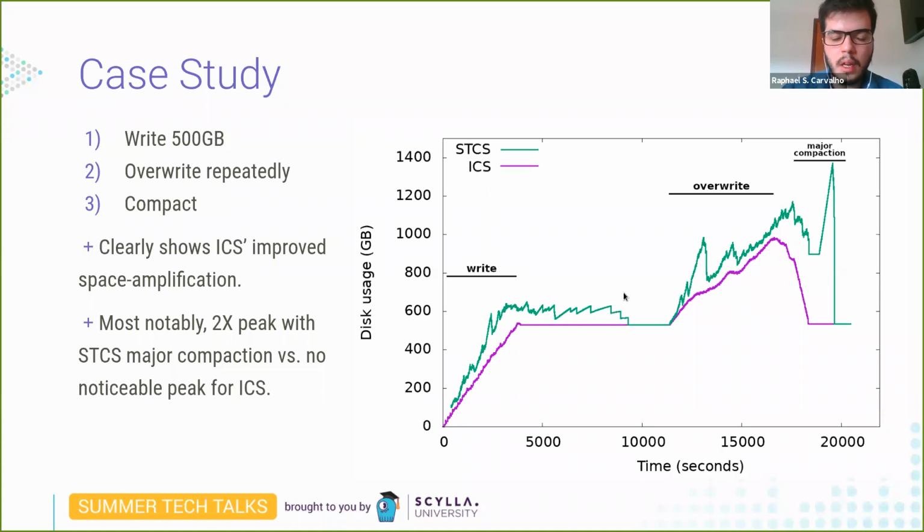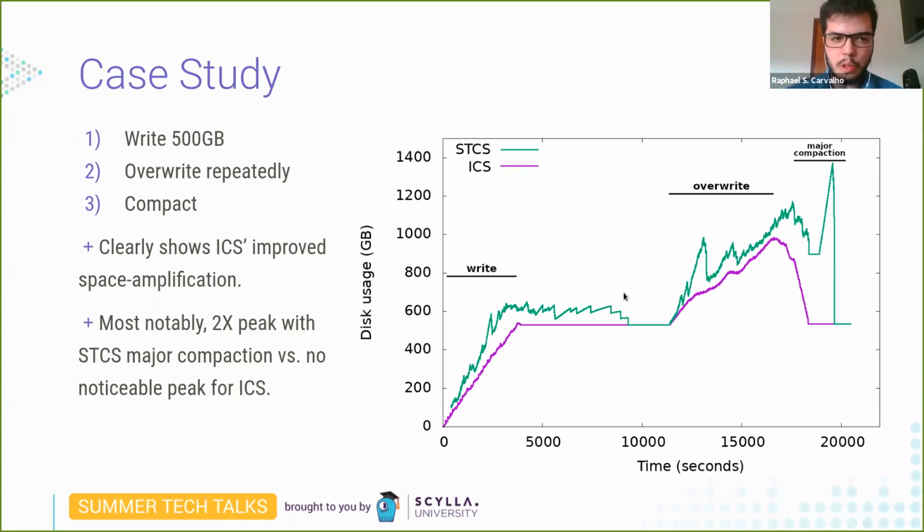The first one being write-only workload, the second one being overwrite, and the final one being major compaction. So the basic idea is to verify how the compaction strategies behave when given a different set of workloads. So we want to see how much ICS was improved over STCS.